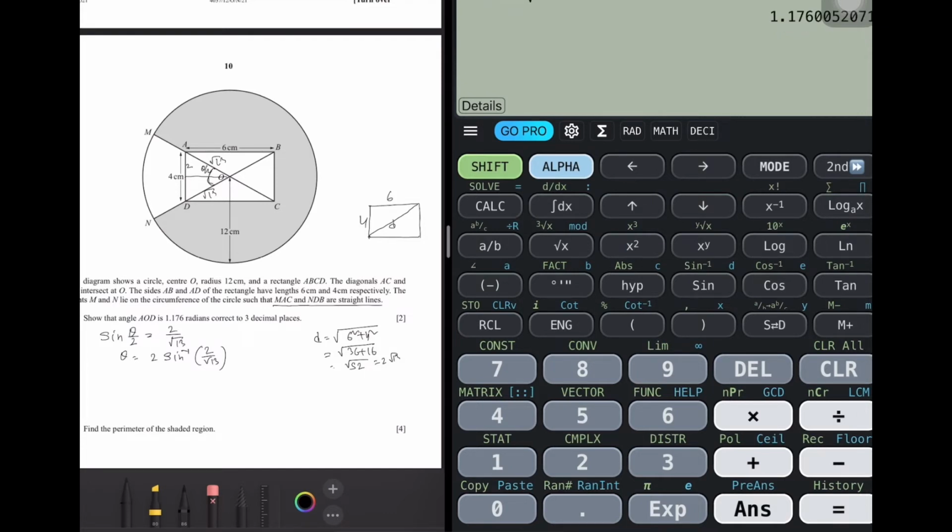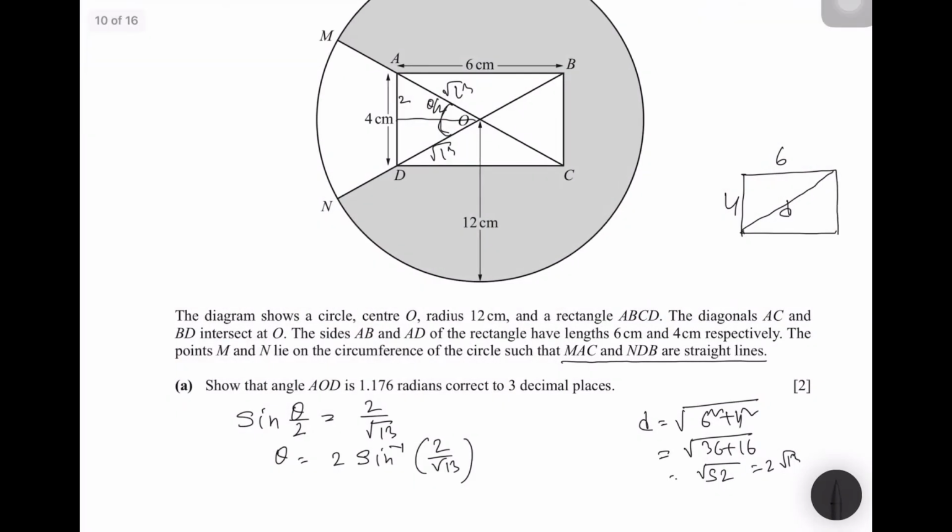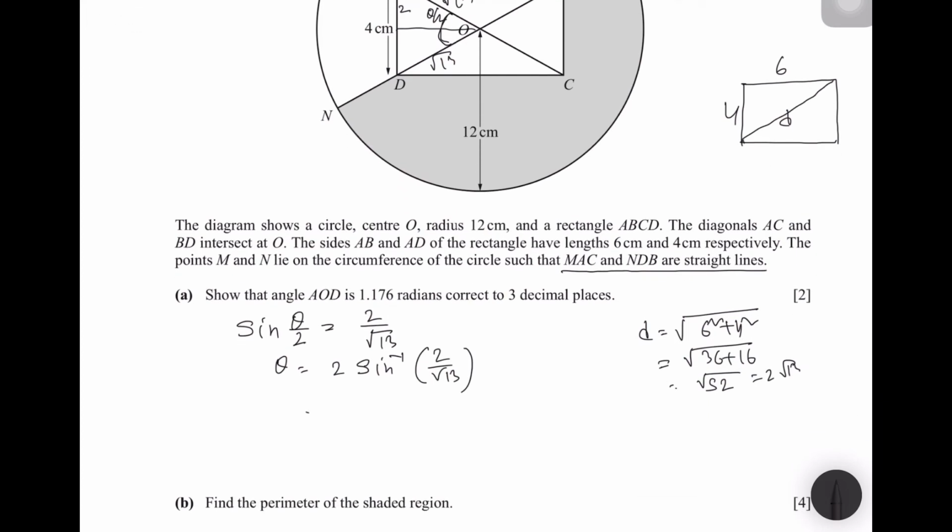See, 1.176. So now see that this equals 1.176, correct to 3 decimal places.